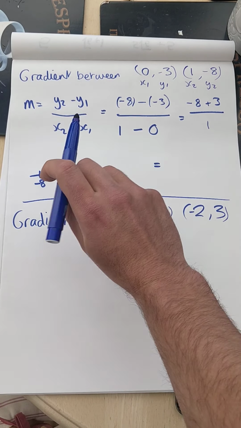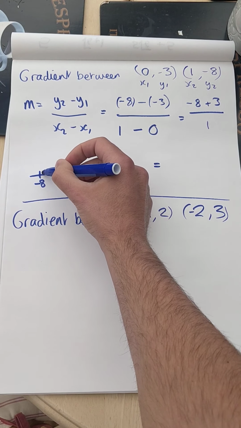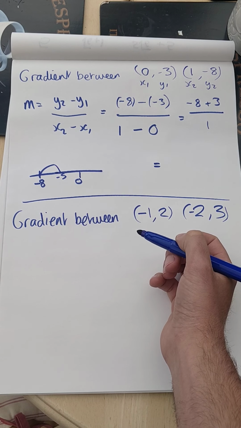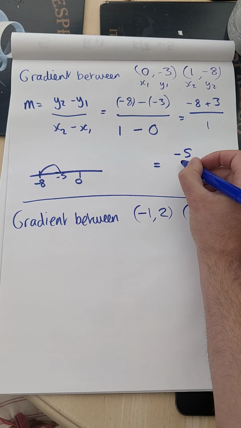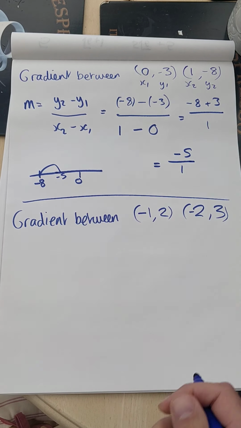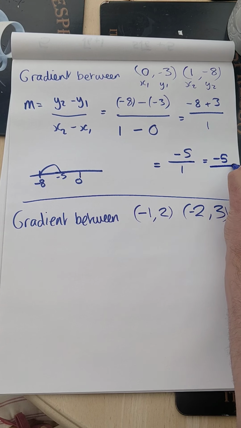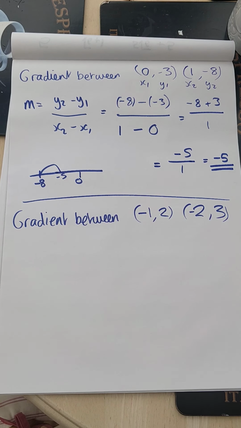So negative 8 add 3, we're going towards 0, so that takes me to negative 5. So we've got negative 5 over 1, and negative 5 divided by 1 is just negative 5. So that would be our gradient for the first one.